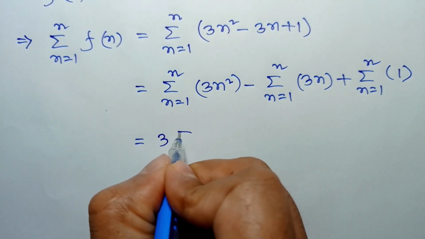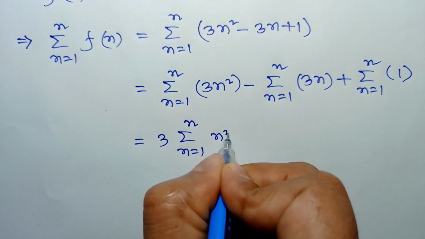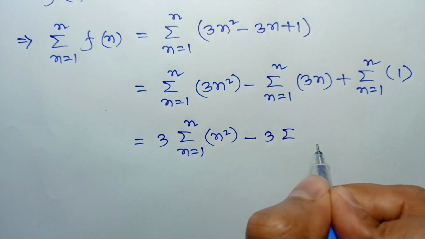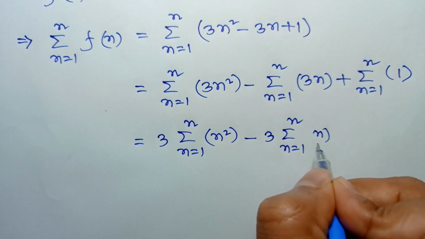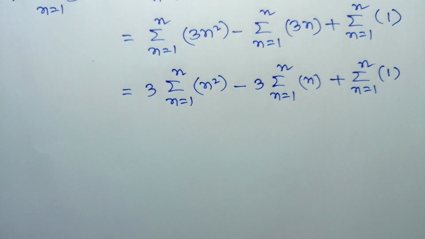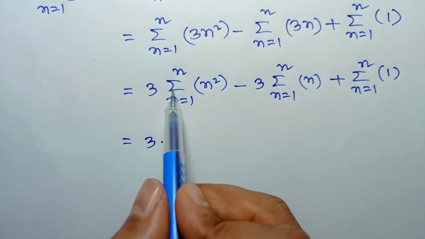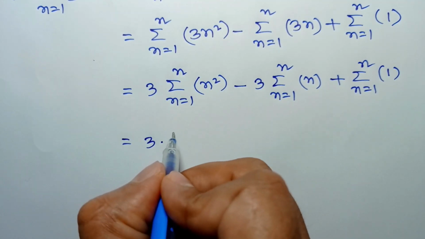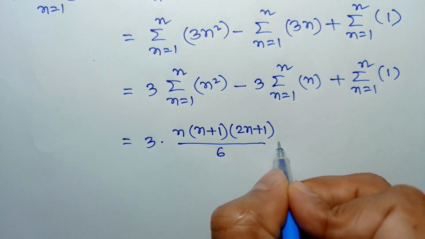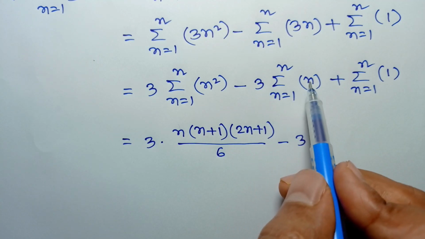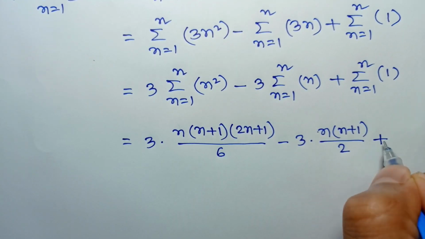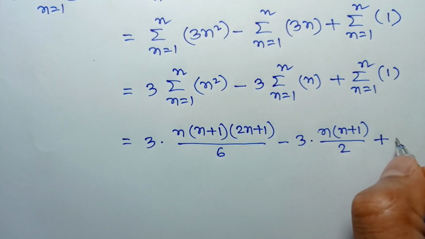So we can write 3 times summation of n = 1 to n of n², and similarly taking this 3 out of the summation, negative 3 times summation of n = 1 to n of n, plus summation of n = 1 to n of 1, is equal to 3 times, according to the formula, summation of n² is n(n+1)(2n+1)/6, minus 3 times summation of n, which is n(n+1)/2, plus summation of 1, which is n.